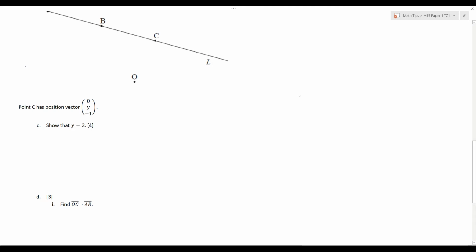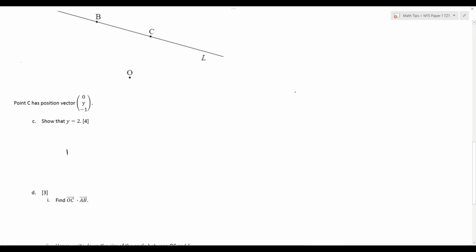Alright, remember what we had earlier on? We had the vector equation of this, (-2, 4, 3) plus t times (1, -1, -2). Because we know it's a straight line, the point should be passing through it, so we're going to substitute this into our r.